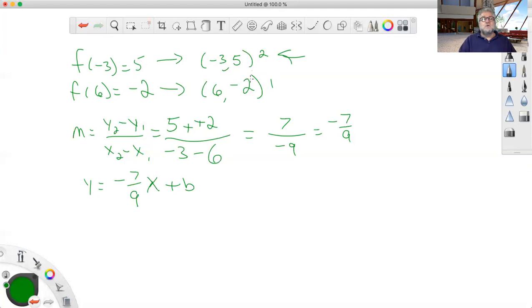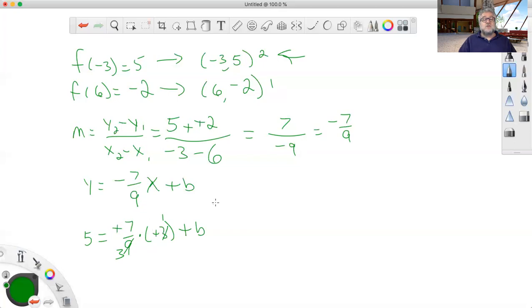So I'll put in 5 equals minus 7/9 times a negative 3 plus b. So we'll get a cancel. This will go to 1 and this will go to 3. Or you can just multiply it out, 21 over 9, but you're going to have to reduce it. So, and the negatives will cancel.